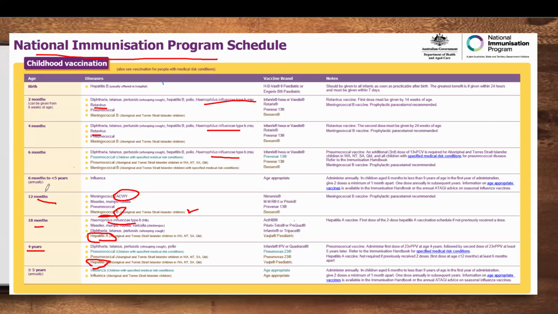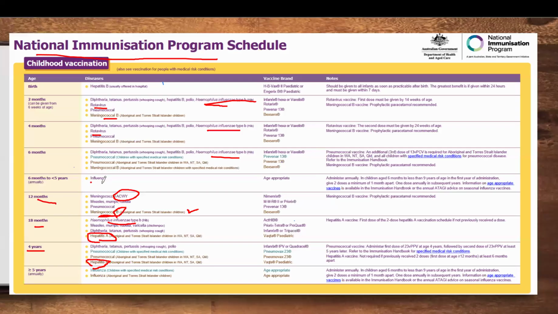They have meningococcal B at 2, 4, and 6 months, then a booster at 12 months, which is similar to Haemophilus influenzae. You can remember that Haemophilus influenzae is at 2, 4, and 6 months and then 18 months. The meningococcal B is similar, but instead of 18 months, the booster is at 12 months.